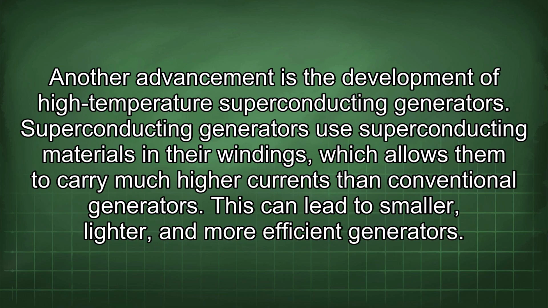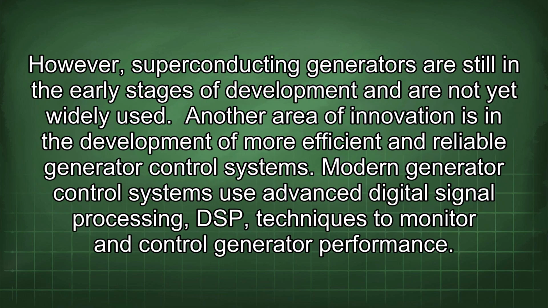Another advancement is the development of high-temperature superconducting generators. Superconducting generators use superconducting materials in the windings, which allows them to carry much higher currents than conventional generators. This can lead to smaller, lighter, and more efficient generators. However, superconducting generators are still in the early stages of development and are not yet widely used.